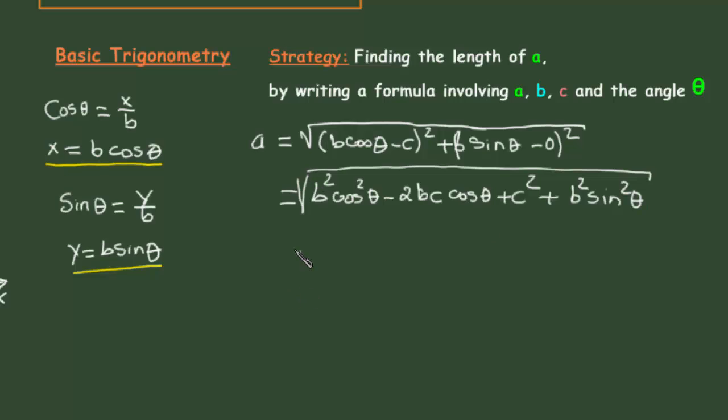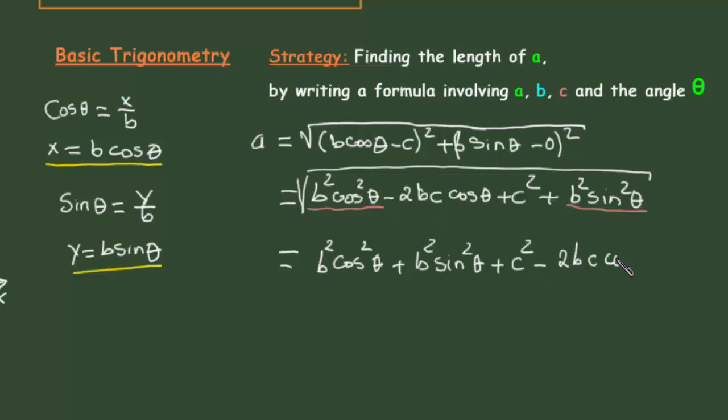Okay, and we can rearrange it, for example, by bringing this b squared close to that one, so we can factor out. That's going to give us b squared cosine squared of theta plus, taking this one here, b squared sine squared of theta plus c squared, and then minus 2bc cosine of theta.